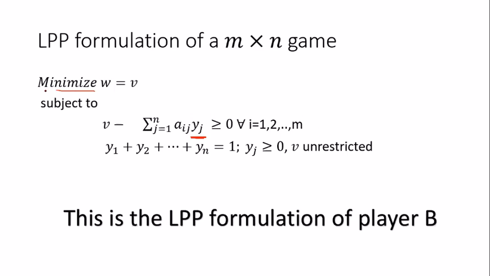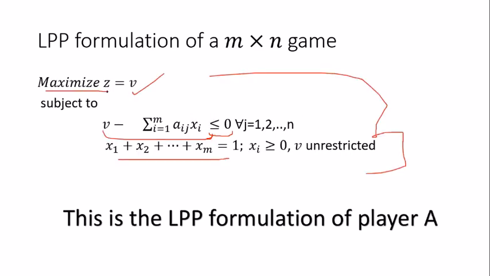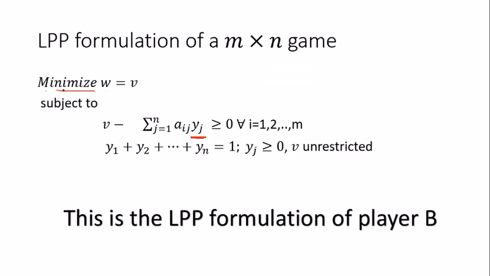So the objective function for player A was maximize V. For player B, it is minimize V. Subject to V minus, see, I have not explained the steps in detail, but if you have understood how we reached the LPP formulation of player A, very easily you can figure out that this is going to be the LPP formulation of player B. So V minus, this time it's aij into yj.